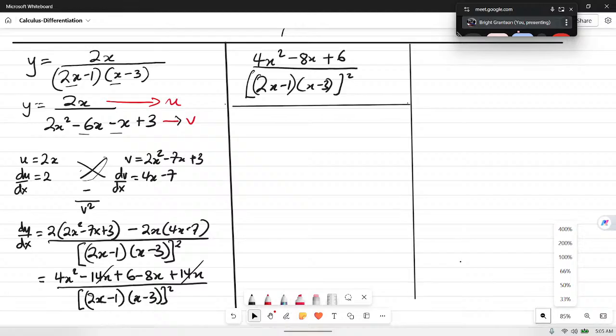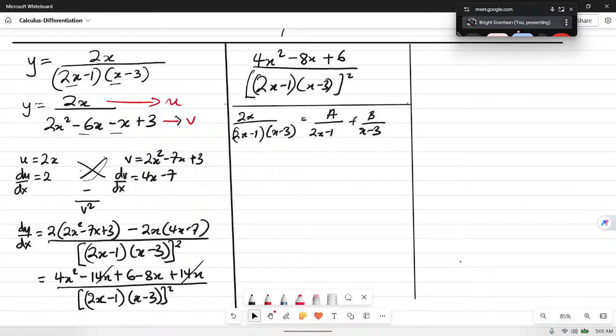So let's use the partial decomposition and see. 2x over (2x minus 1)(x minus 3) should be equal to A over 2x minus 1 plus B over x minus 3.